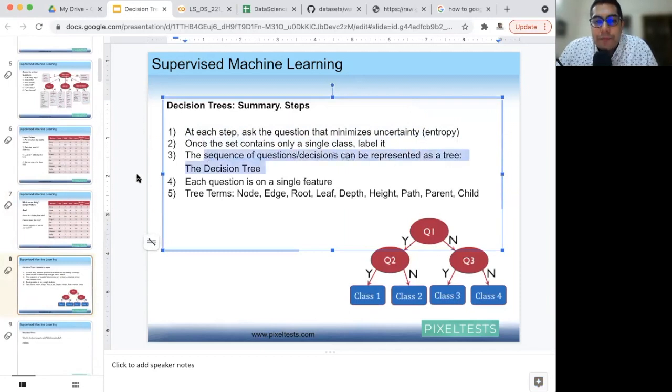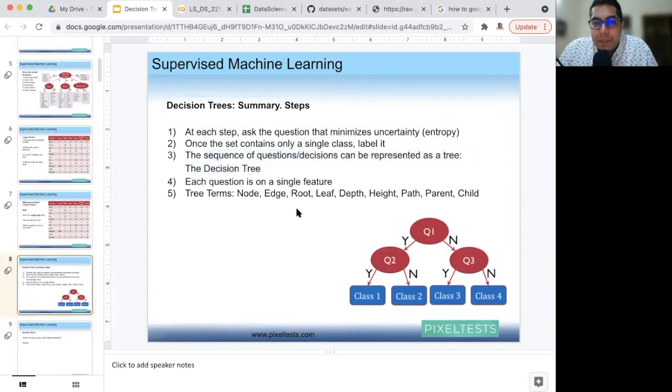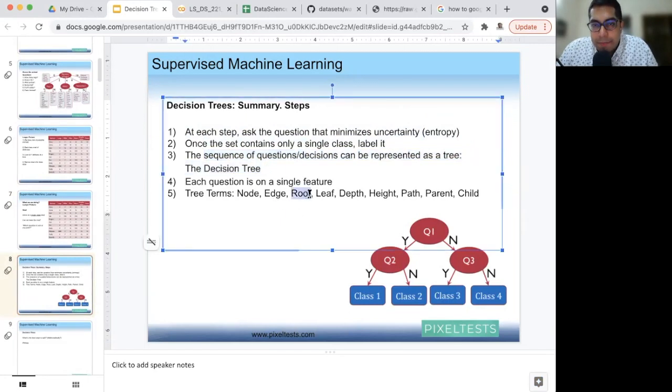Now, some key terms. We already looked at the root. This is the root: Q1, the first one, number of legs. A node is whatever is happening inside. Q2, Q3 are all nodes. So Q1 is the root. Let me write that down.